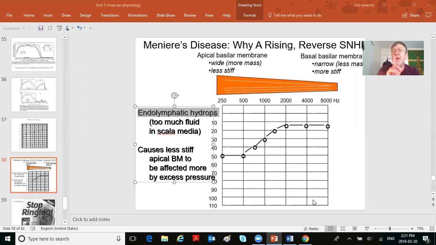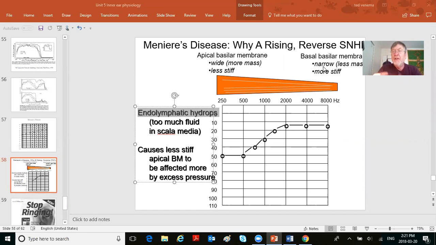So what happens there? At the apex, it's wider, it has more mass, and it's less stiff. At the base of the cochlea, the basilar membrane is narrower, less mass, and it's more stiff. The walls are more stiff.